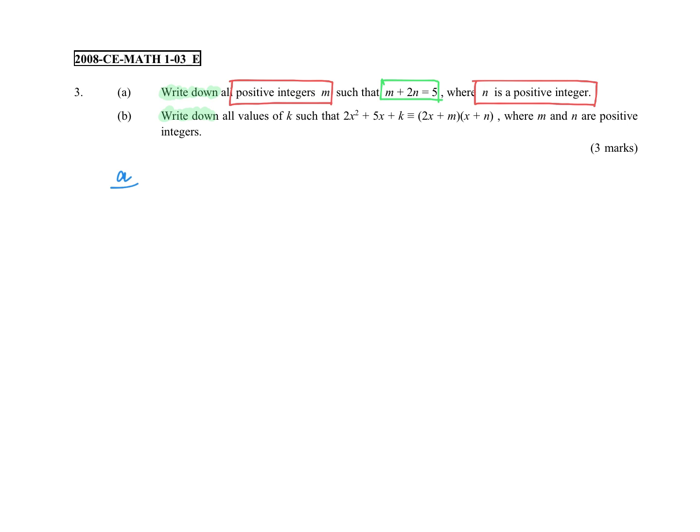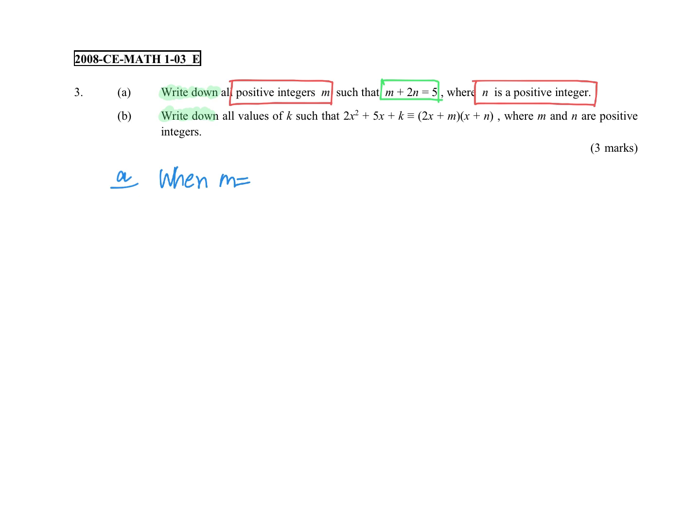Now, 5 is a relatively small positive integer, and m and n are two positive integers, and their sum, m plus twice of n, equals 5. So that's why the combinations are quite limited, and we can start from m equals 1.